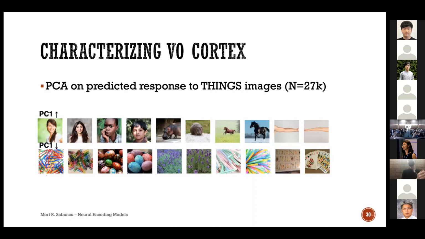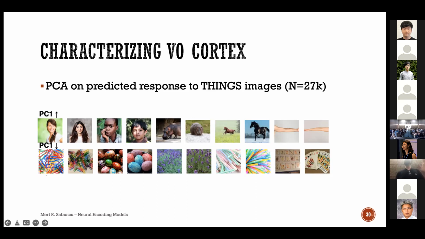In this case, we took the THINGS data set of 27,000 images of different objects. We pushed them through our neural encoding model and looked at the attention map for each one of these images for each voxel. And then we did a PCA on that. It turns out that with two principal components, you can explain about 70% of the variation on average for every voxel.